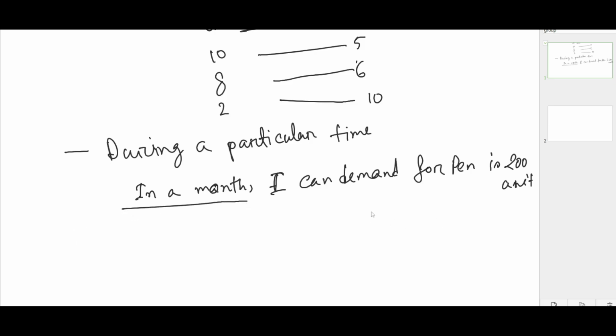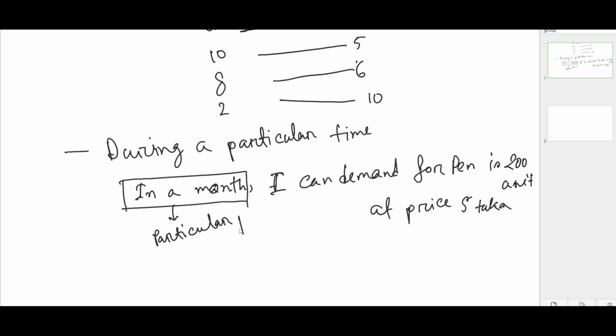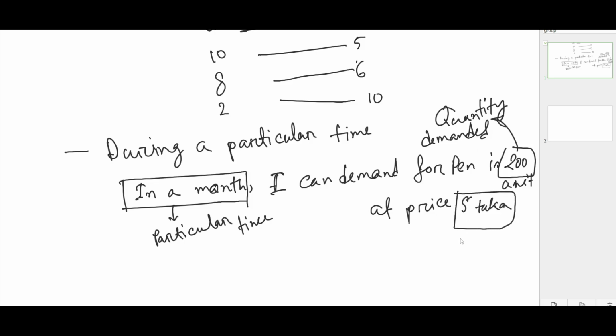This is in a month at a price of 5 taka. Here, in a month is referring to the particular time, 200 units is the quantity demanded by me, and 5 taka is the price of the pen.